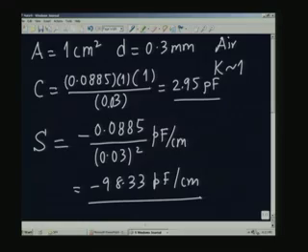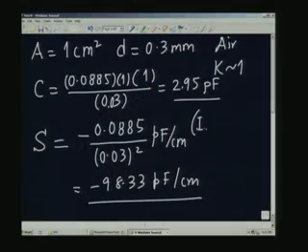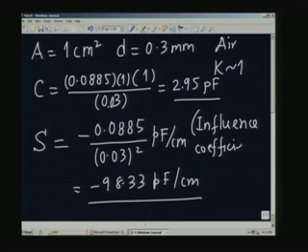So, the rate of change of C with respect to the distance, the derivative, is nothing but, if you remember what we talked about earlier, the influence coefficient. It says how big is the change in the capacitance for a change in the distance between the two electrodes.